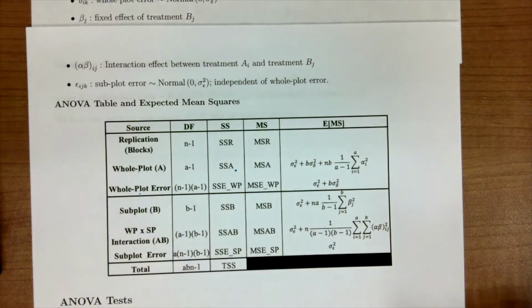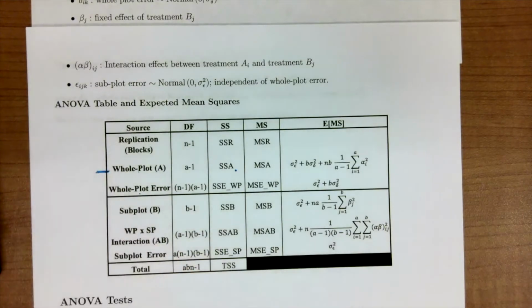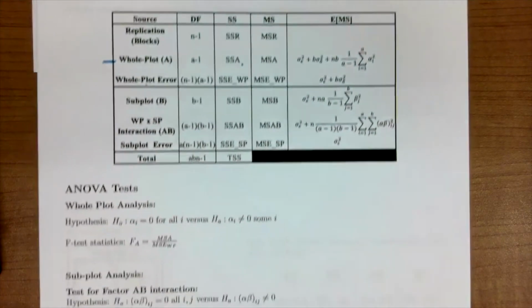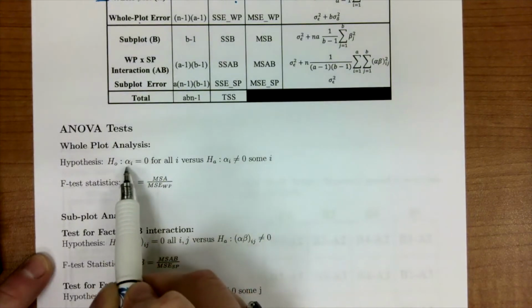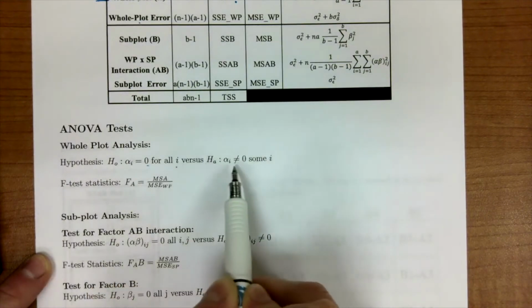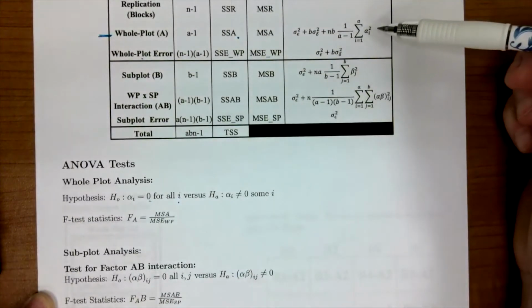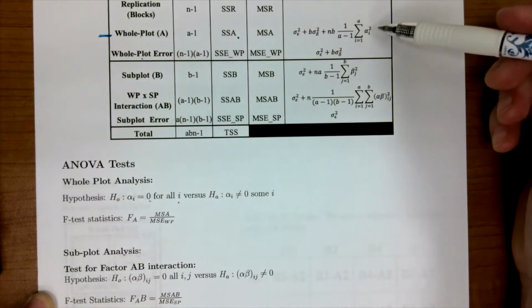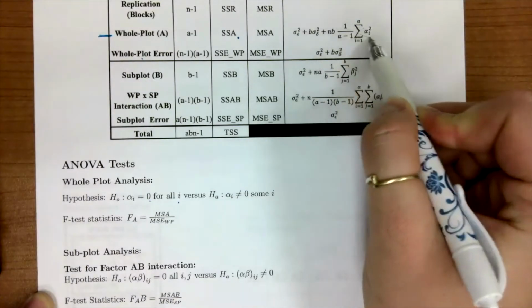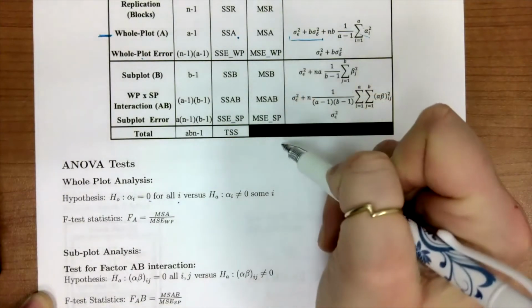So when we're trying to test for the whole plot, i.e. our A, our hypotheses would look something like this for a fixed effect: alpha equal to 0 for all of them versus not equal to 0 for some. If we look at our expected mean squareds, we know under the null hypothesis that this term would cancel out to 0, and we would be left with this term.